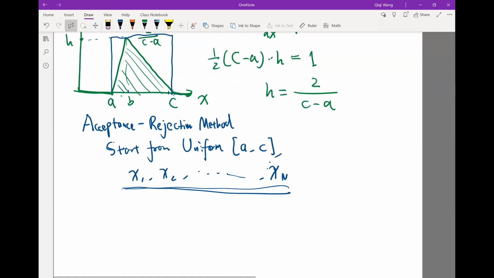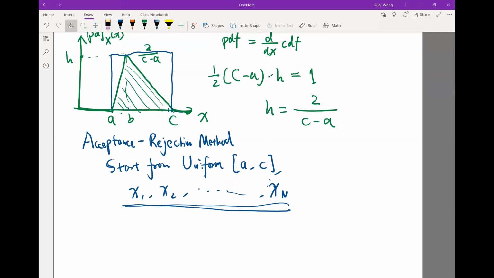If I have a particular xi that's here, I'm going to look at the height, and I'm going to sample another independent random variable, let me call it yi. For example, it might be here, it might be anywhere between this and this.